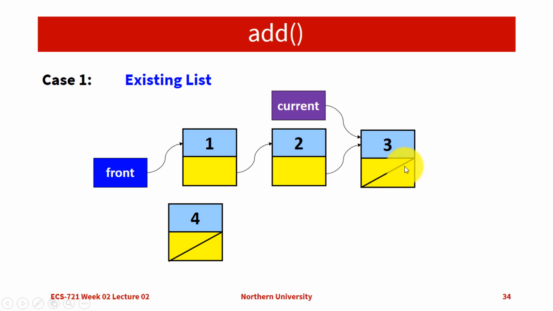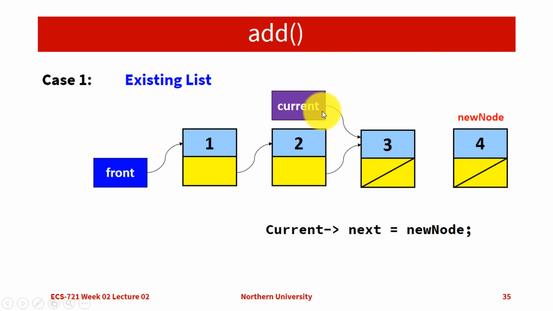Now here we have to insert the new node, because the purpose of this particular AddMember function is to insert a node at the back of the list, or at the end of the list. So when I execute this, we update the next pointer of the current node and assign it the address of this new node so that we chain it together.